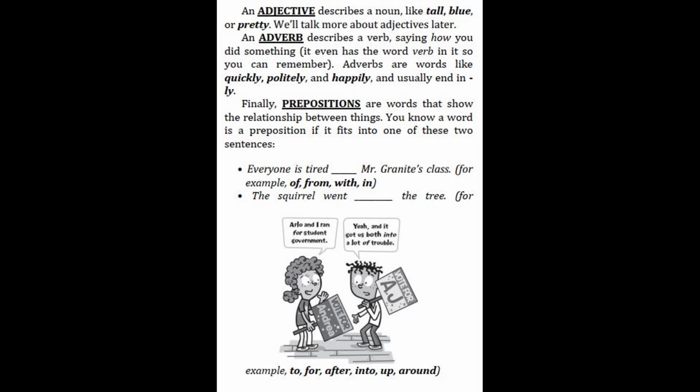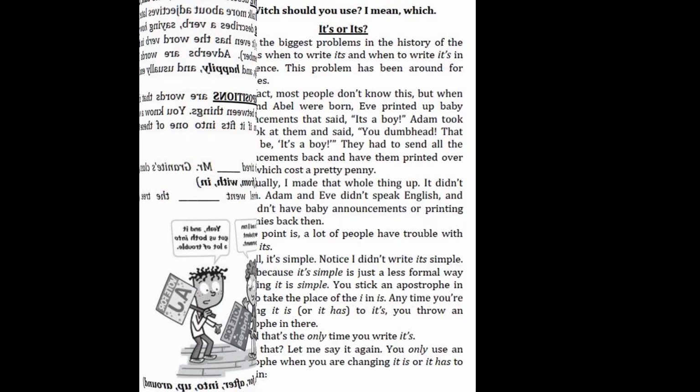You know a word is a preposition if it fits into one of these two sentences. Everyone is tired, blank, Mr. Granite's class. For example, of, from, with, in. The squirrel went, blank, the tree. For example, to, for, after, into, up, around.